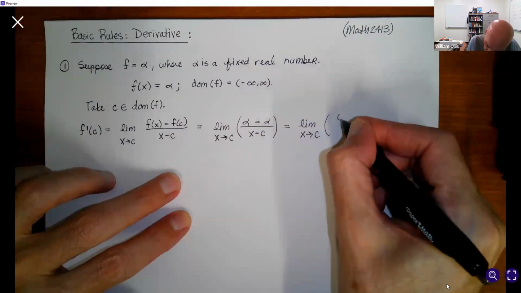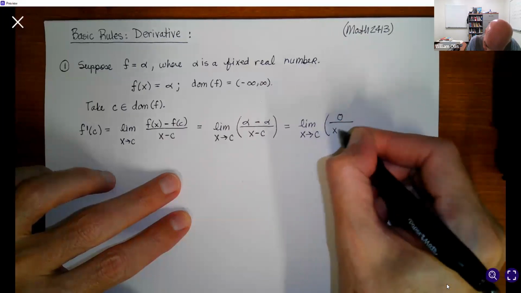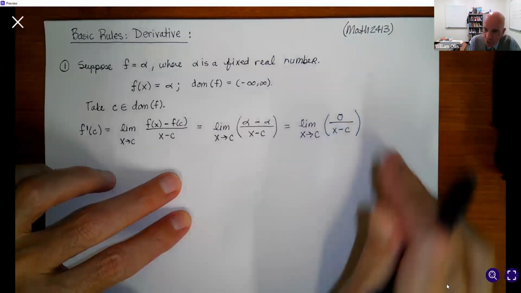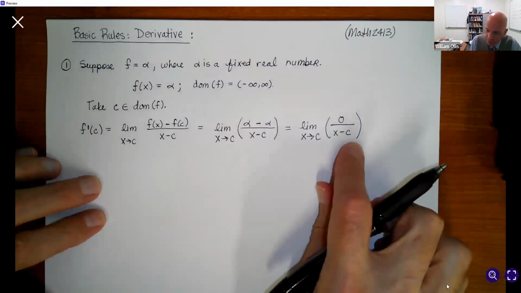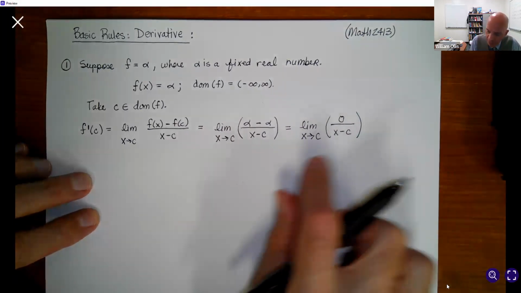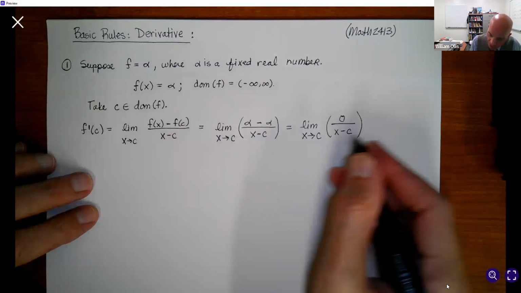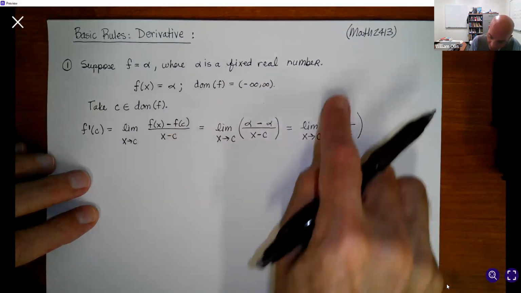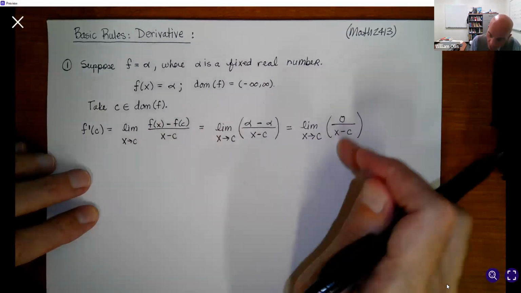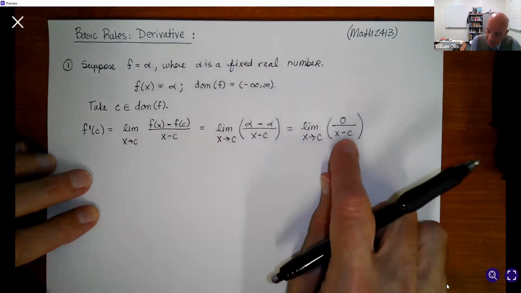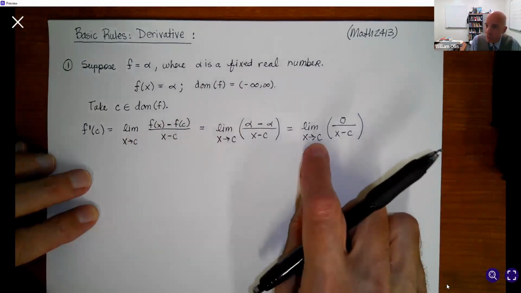So this is just 0 divided by x minus c. Now, if you don't want to overdo the parentheses, you don't have to use these. It's pretty clear, but sometimes it helps to make sure you're understanding that you're applying the limit to this function. But of course, 0 divided by x minus c is non-zero because x is only approaching c.